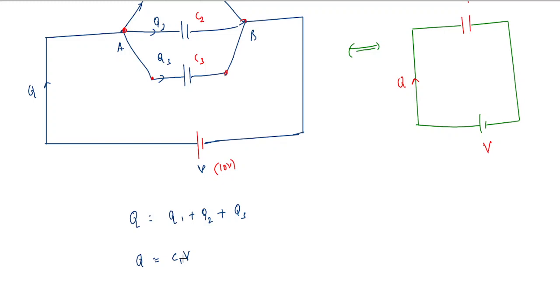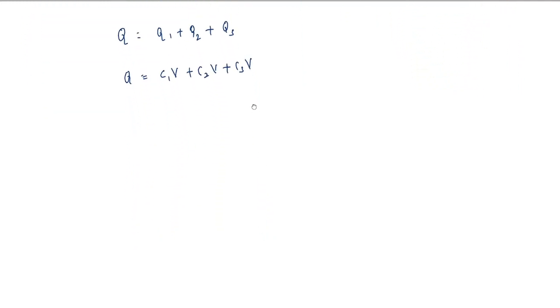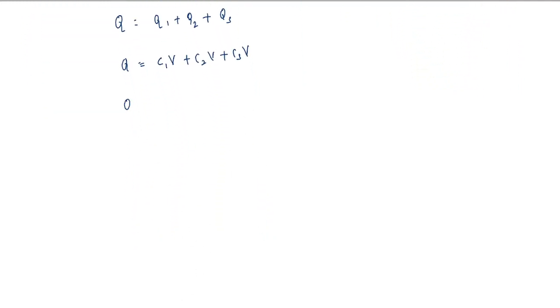Because Q is of the form C into V, and the voltage drop is the same, there's no need to put suffix V1 here, because the drop across the three capacitors is the same, plus C2 into V plus C3 into V. From here V is common, so Q is equal to C1 plus C2 plus C3 into V. Let's call it 1.